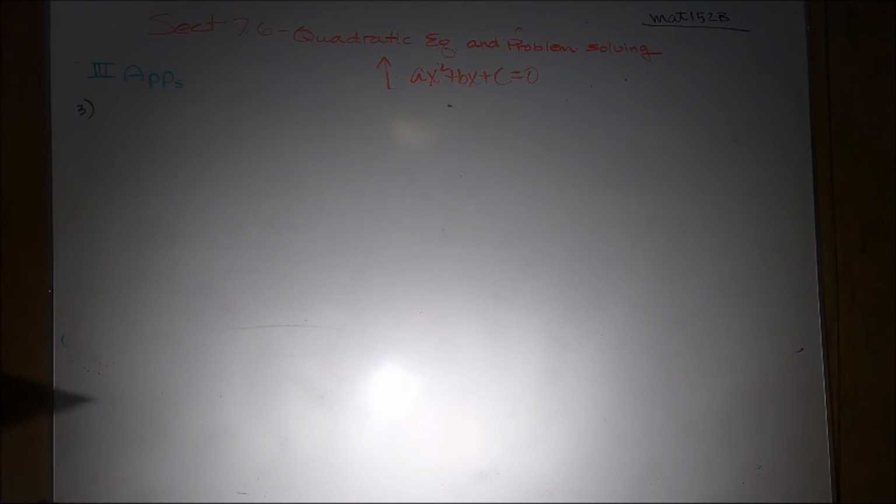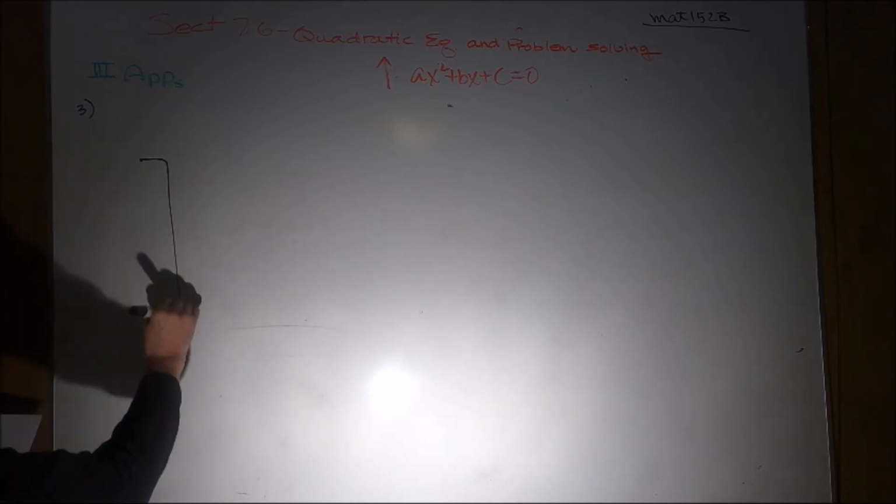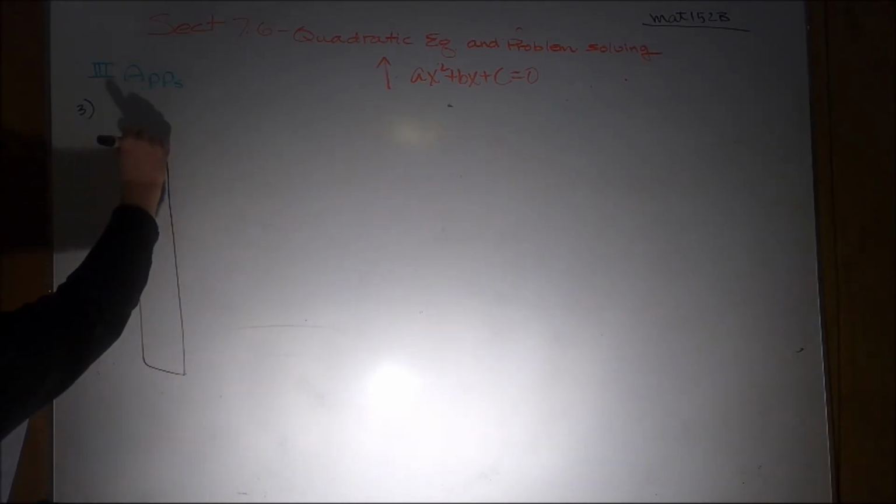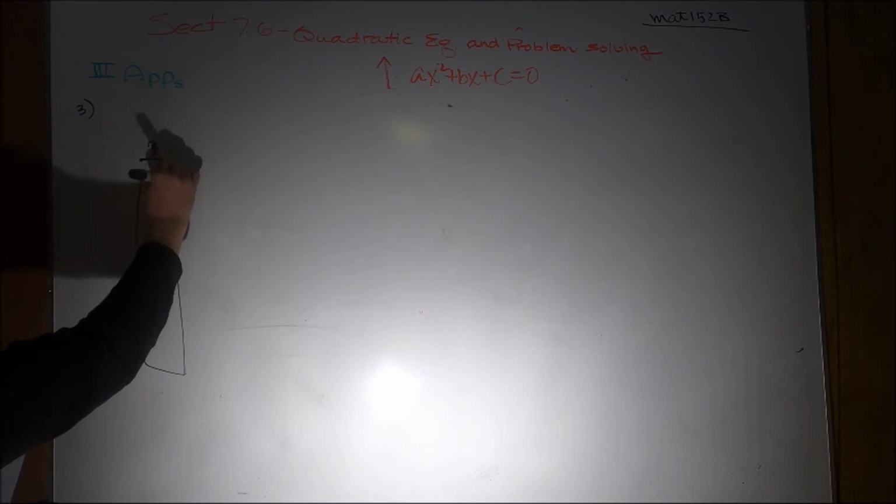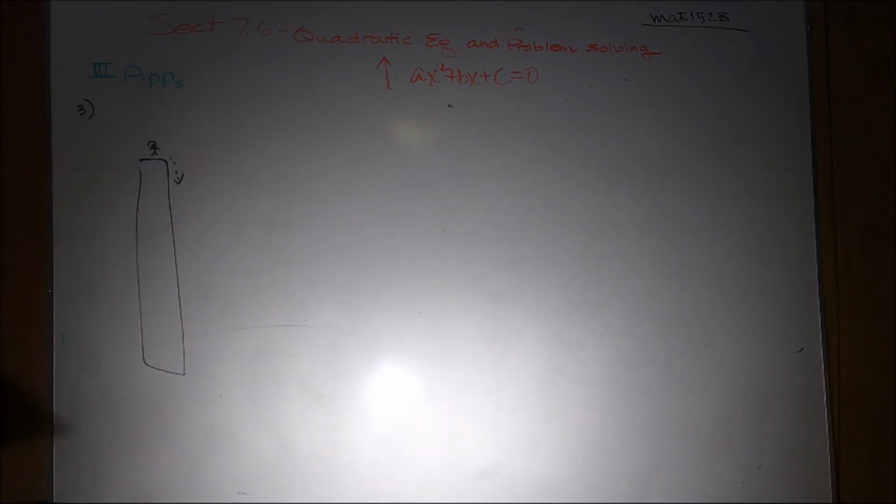Third problem. It says an object is dropped from the roof of a 144 foot tall building. Okay? So somebody is up there trying to drop a water balloon on you, right?